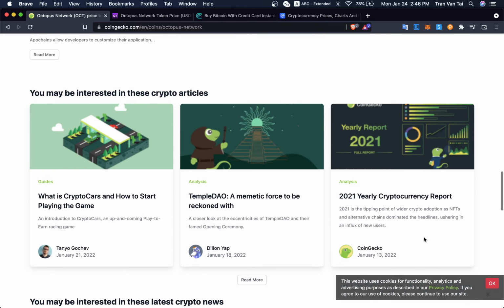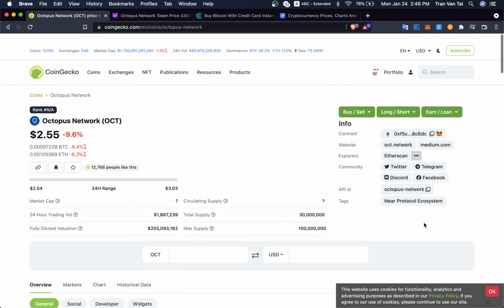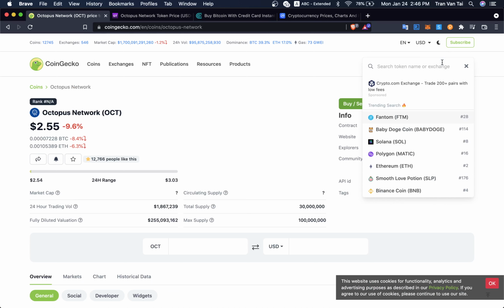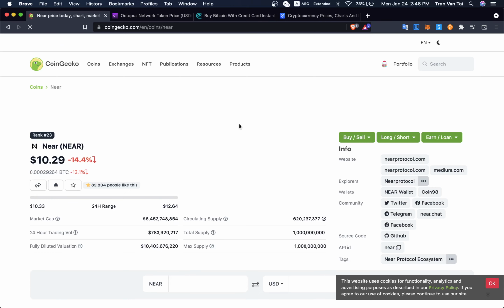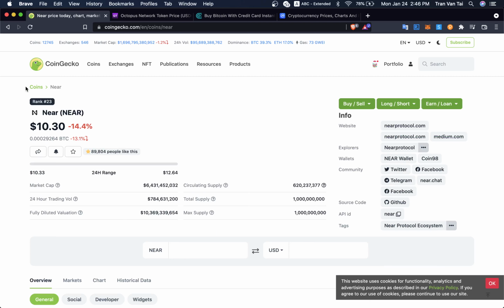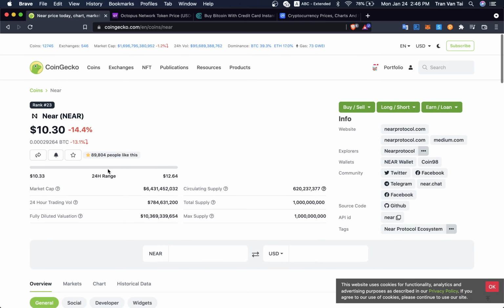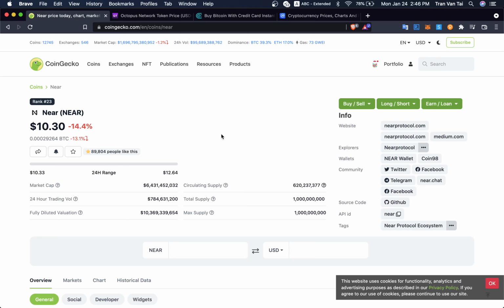A lot of information here. You can see by yourself everything about a new token here. Oh, it's down a lot, and you know Bitcoin is down a lot currently, on January 24. It's down a lot on the market right now.